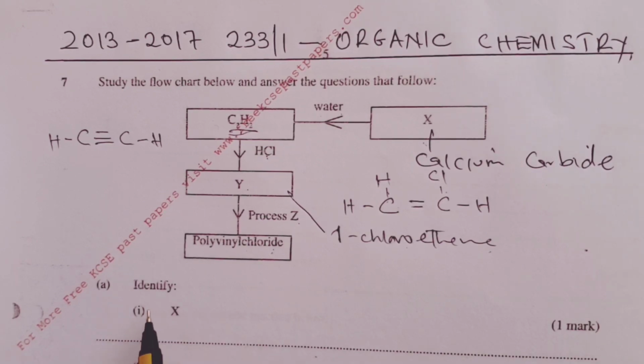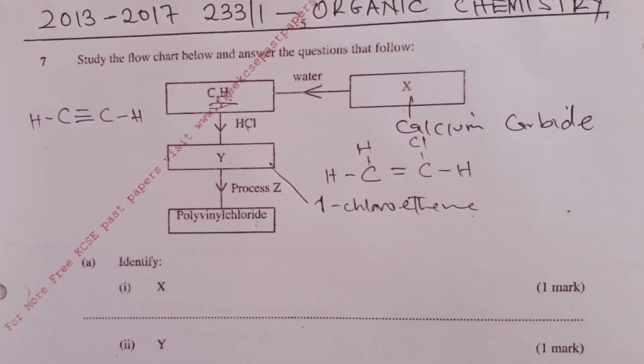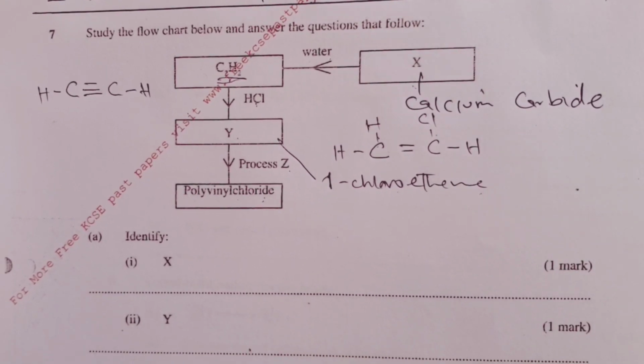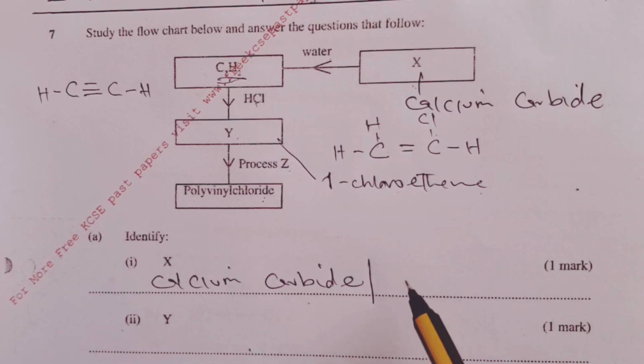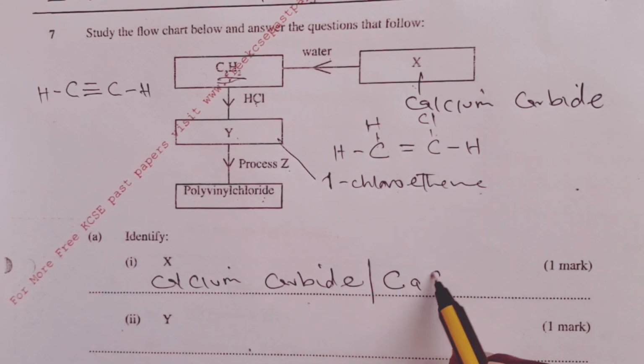First question, we were asked to identify X, and X, we have agreed, is calcium carbide. When you are told to identify, you can give us the name in words, or we can also give the name in symbols. This would earn ourselves 1 mark.